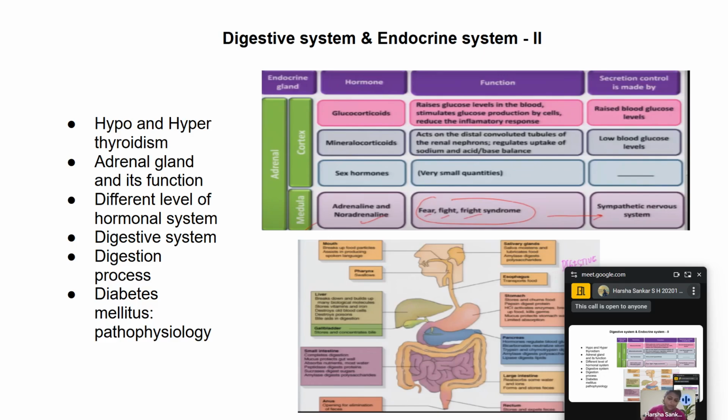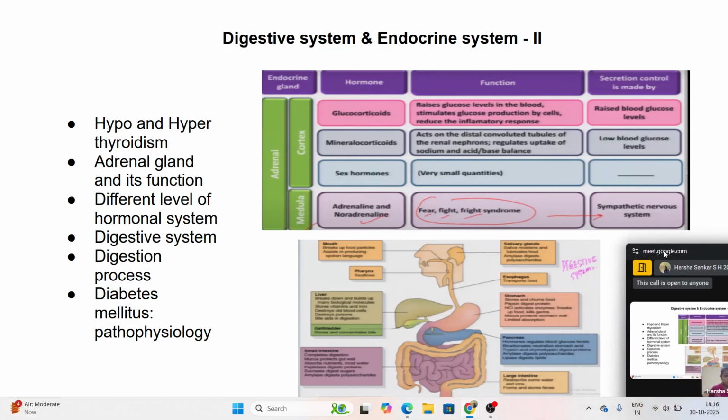Then below the liver, we can see the gallbladder. You must have heard about gallbladder stones. The gallbladder actually stores and concentrates the bile. The liver produces bile, but bile is stored in the gallbladder. Then the pancreas releases a lot of important hormones, for carbohydrate digestion, protein digestion, everything; we can see a variety of digestive enzymes there.